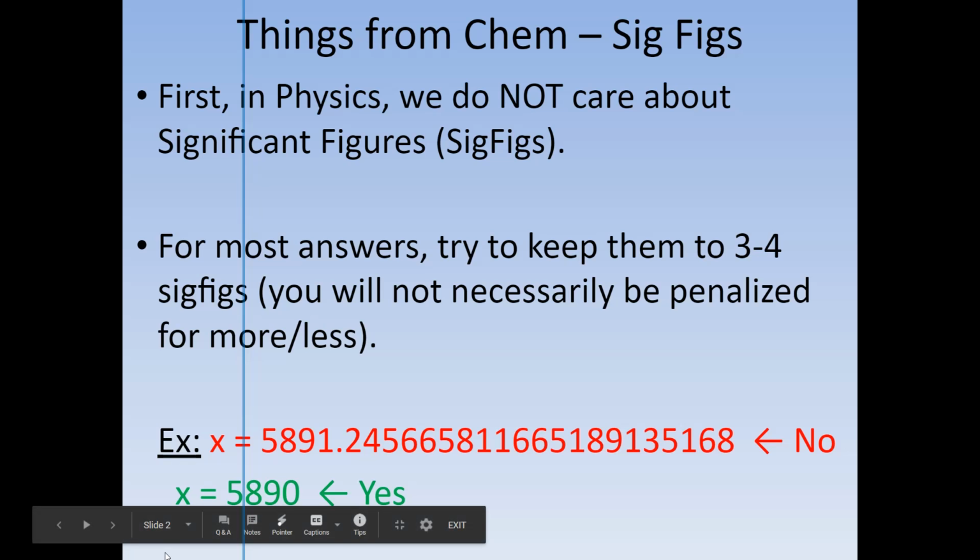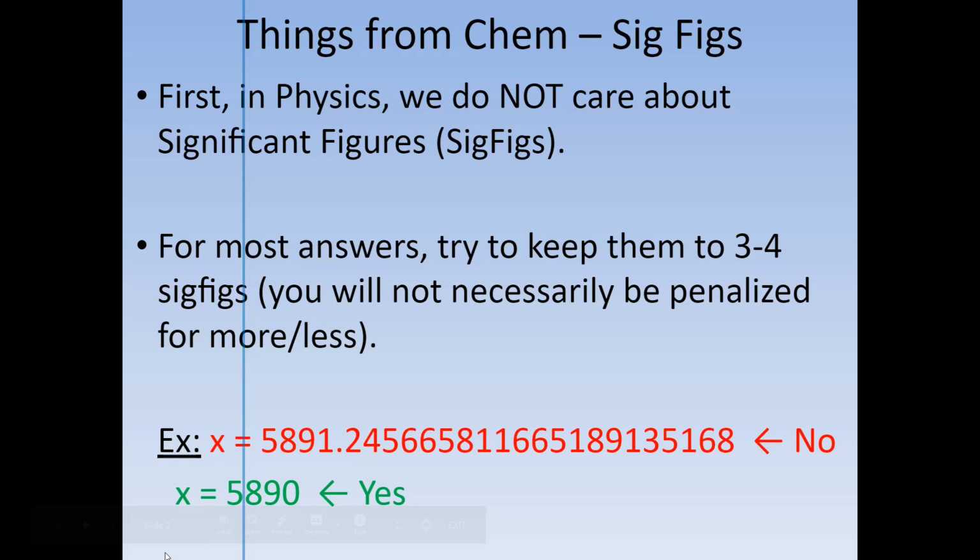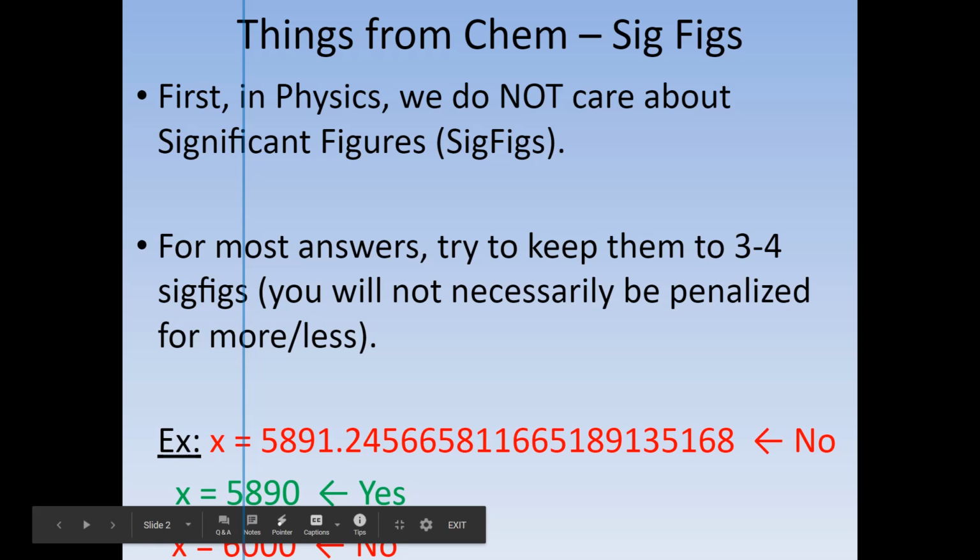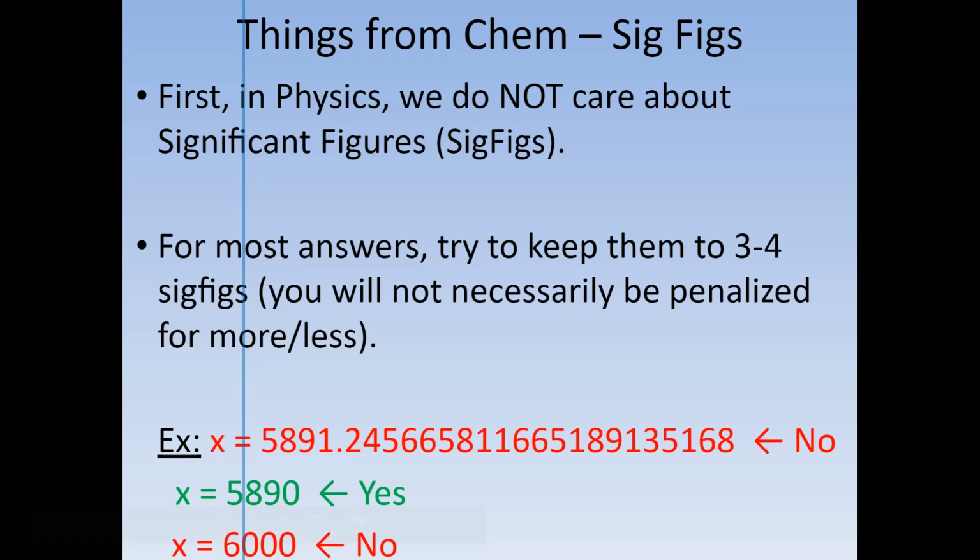That's good. Or if you wrote it to 5900, that also works. Or 5891 also works. Again, another thing I said was rounding it too much, something like 6,000, you might lose points on that. I've had a few people have that issue where the answer was something like 4.4 and they rounded their number to 4, but it was something where you really needed to be as precise as you could. So keep it to 3 to 4 sig figs and you'll never have to worry about losing points.